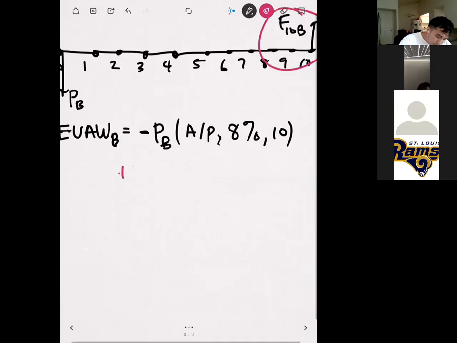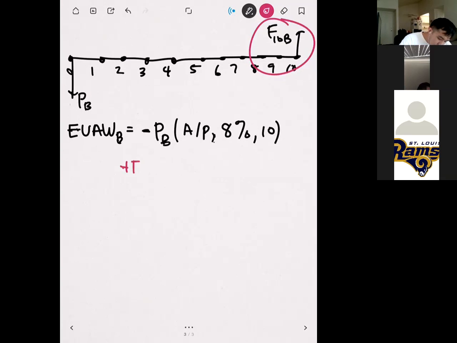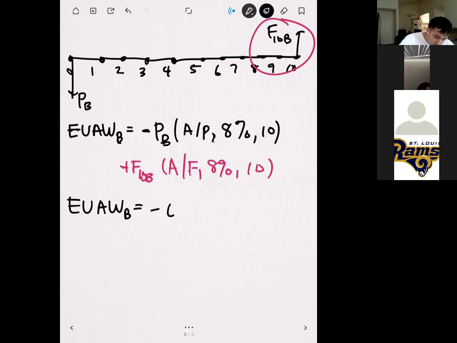So we're going to have plus F10B, A over F, 8%, and 10 years. And so if we plug in values from the table, we get that EUAW of B is equal to a minus 0.149 PB plus 0.069 F10B.